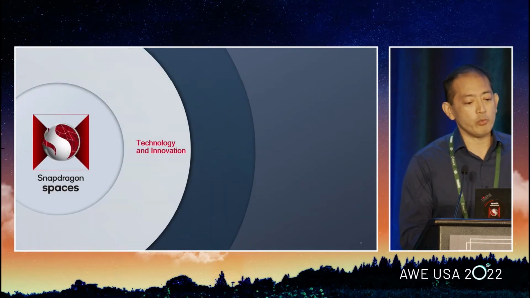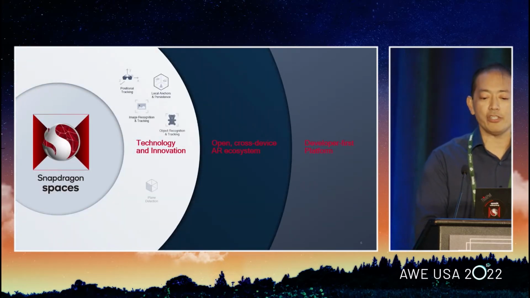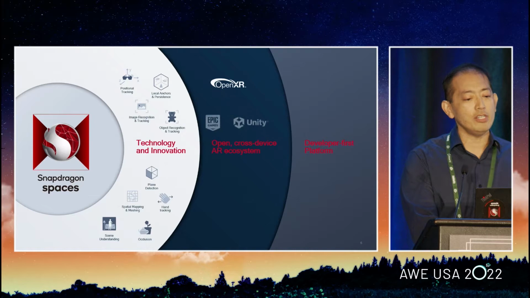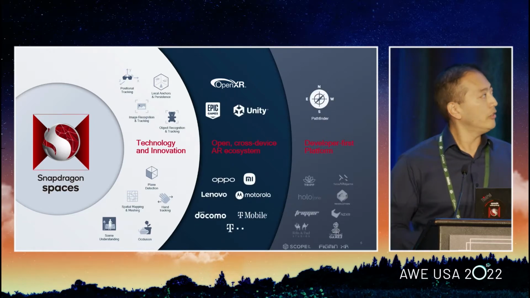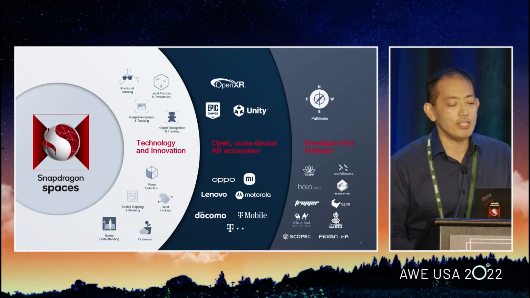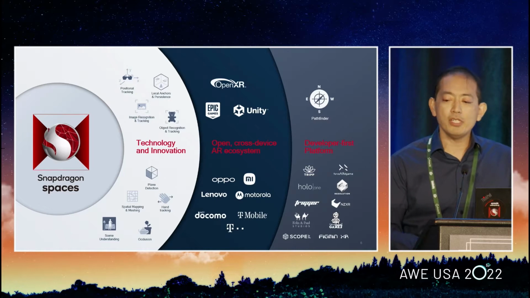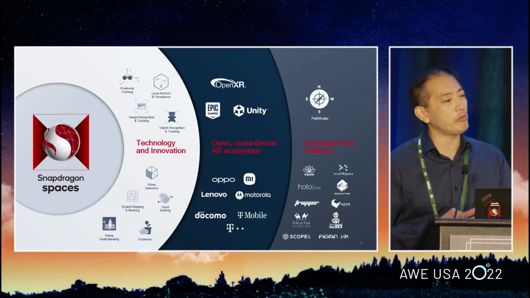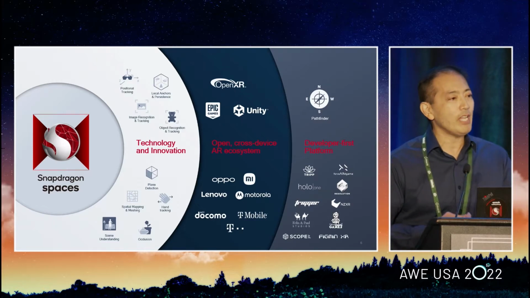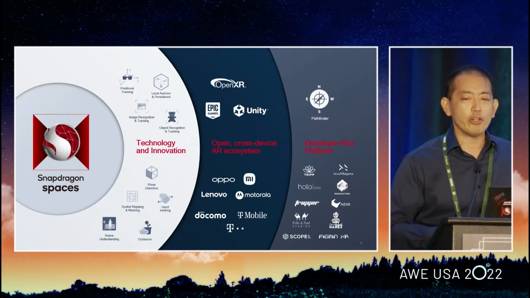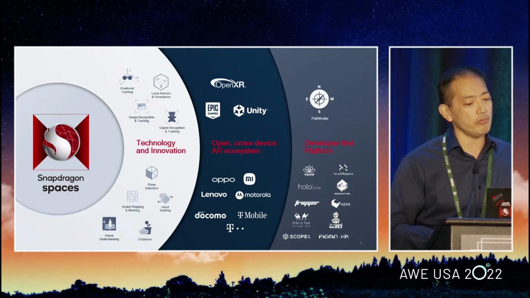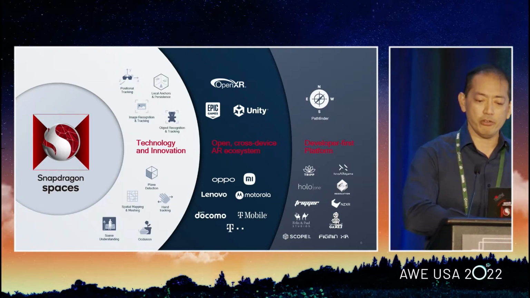A platform which we introduced at the last AWE conference in November 2021, shortly after having worked out initial agreements with a number of our partners. The concept's quite simple. Instead of OEMs having to build their own SDKs to access common perception features, we built the Snapdragon Spaces platform so developers can contribute to an ecosystem that OEMs can then tap into.